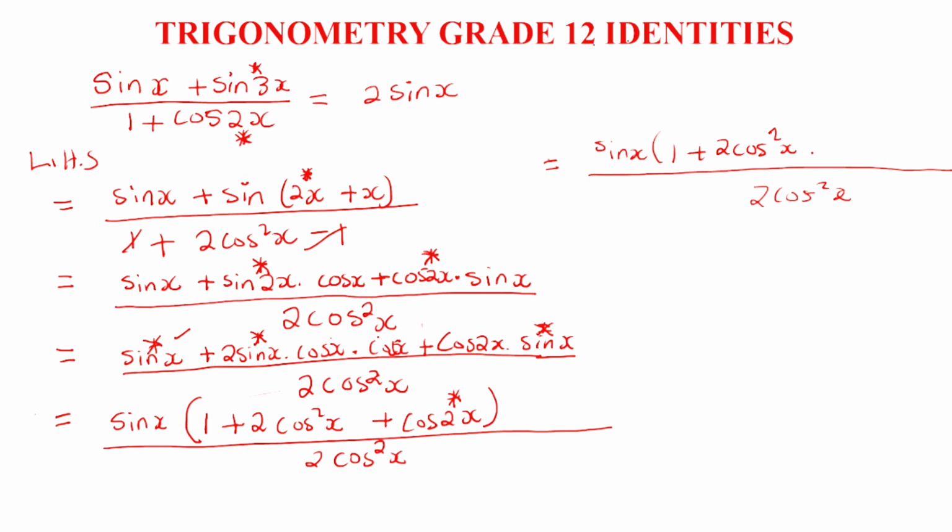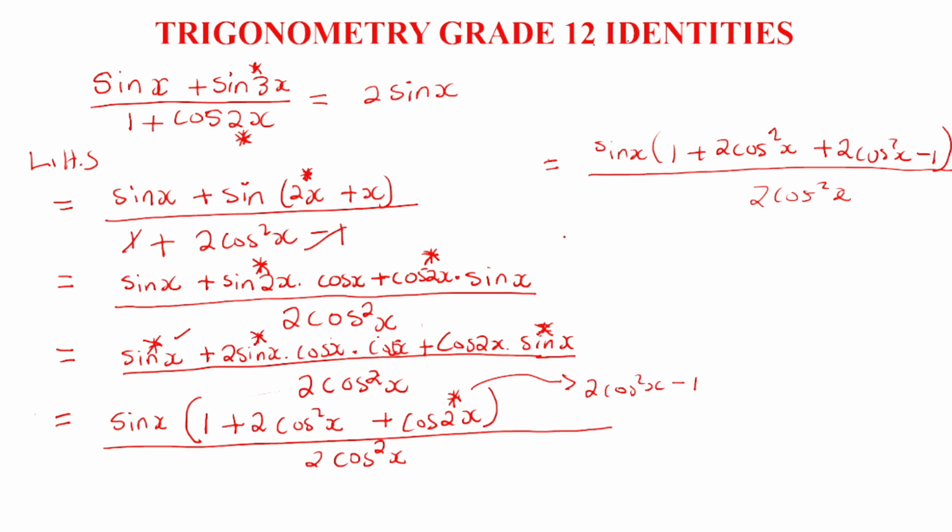Therefore, we need to change this. This identity is going to give us 2 cos squared x minus 1. So we're going to put it here: plus 2 cos squared x minus 1.